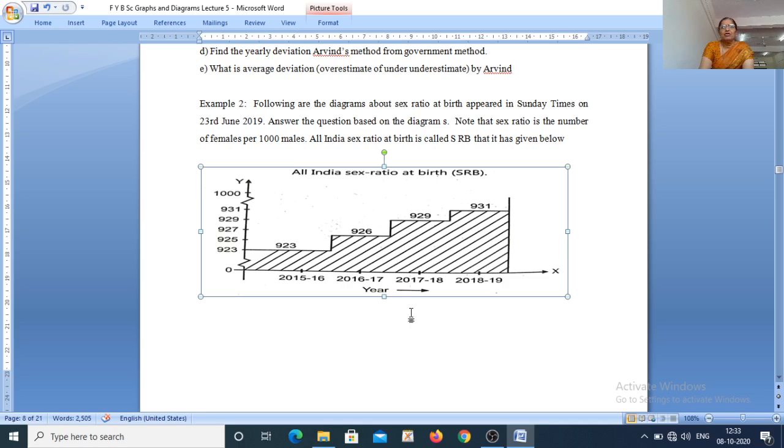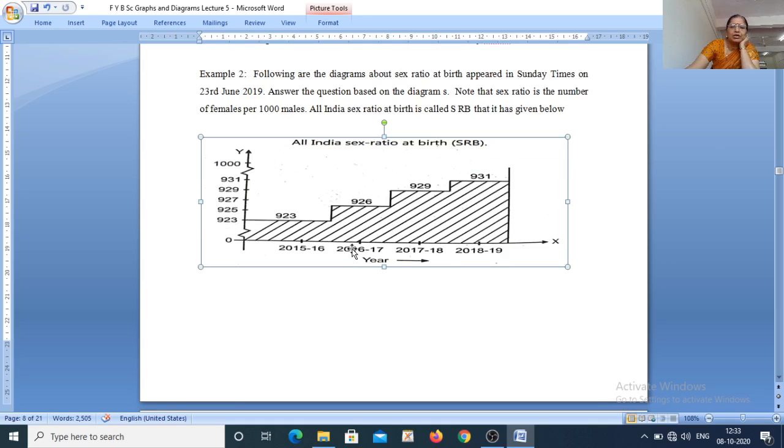Because we are communicating with people, convincing them that you should welcome girls, that female infanticide should be banned, and in this way, because of the changing mindset of people and also the steps taken by the government, this sex ratio is increasing.